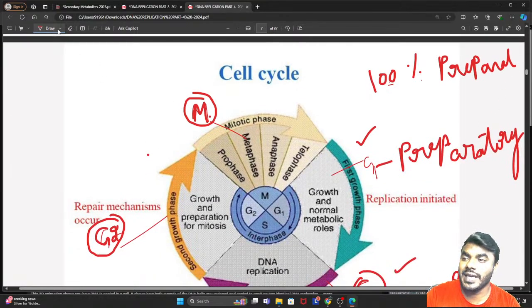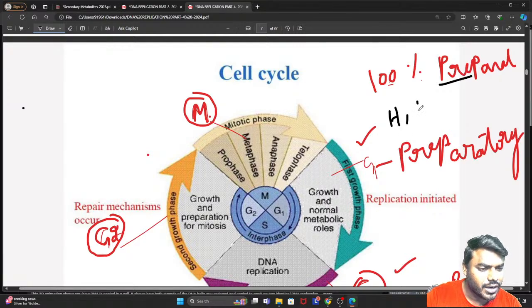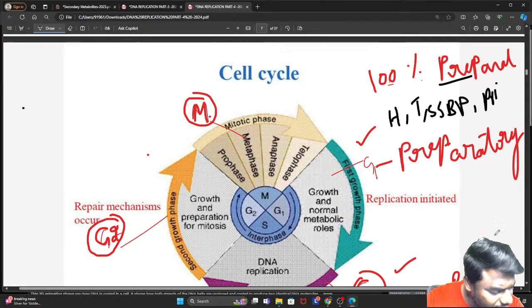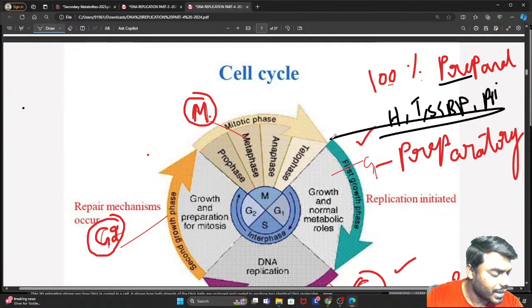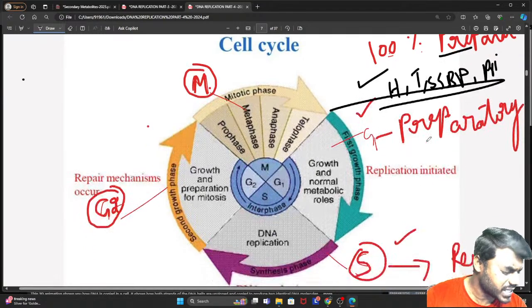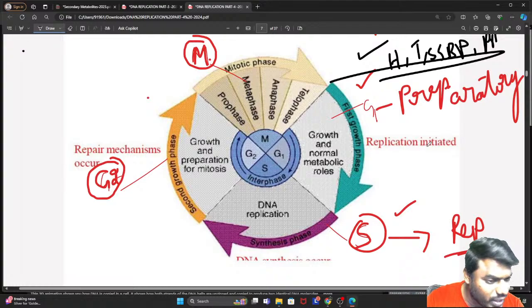Now you can ask me, sir, what exactly is the meaning of preparation? It means that all enzymes are getting ready. Helicase is getting ready, topoisomerase is getting ready, SSBPs are getting ready, primase is getting ready. Every enzyme will get ready in the G1 phase. Then all the students have to get a wonderful doubt.